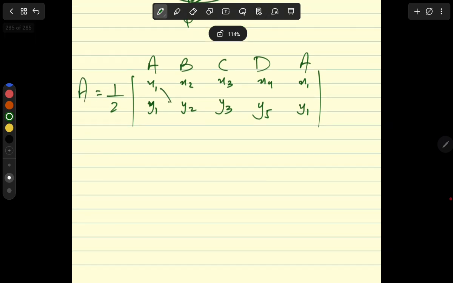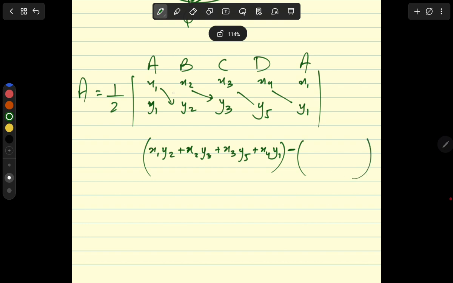So now you multiply x1 with y2, so this is x1 y2, plus x2 y3, plus x3 y4, plus x4 y1. So this is this. Then you subtract the sum of the products of these.